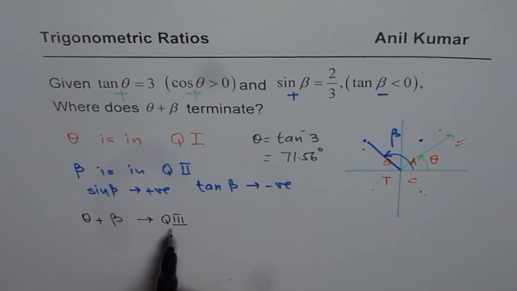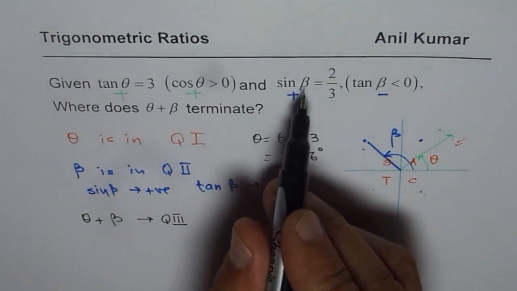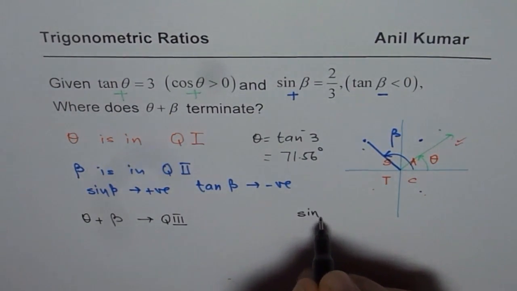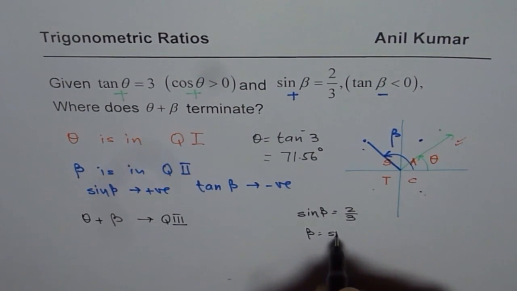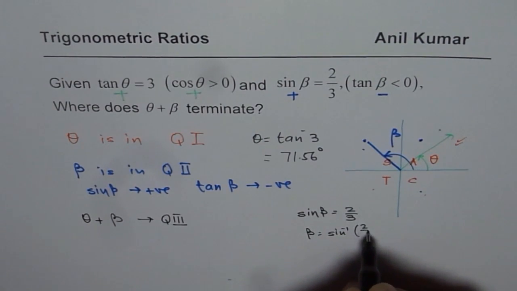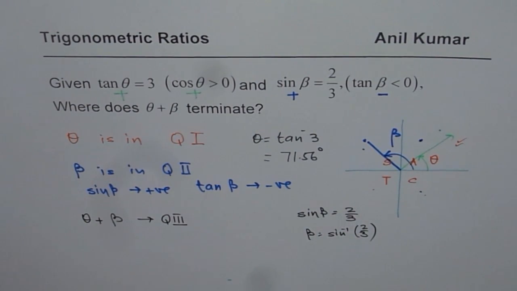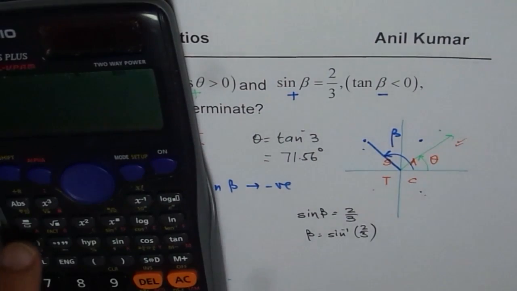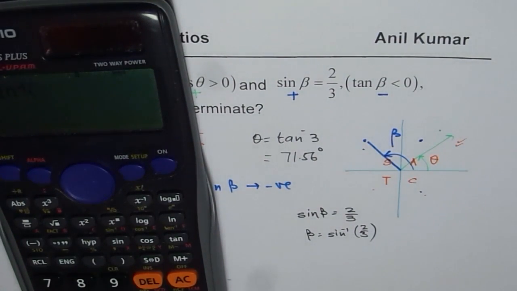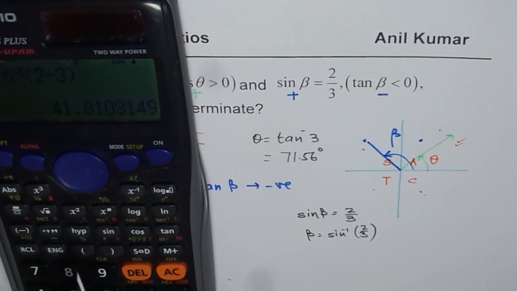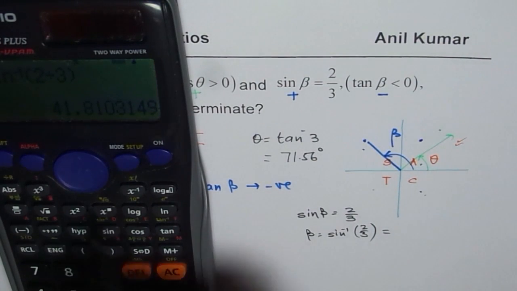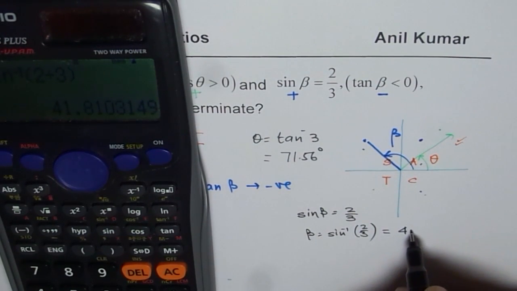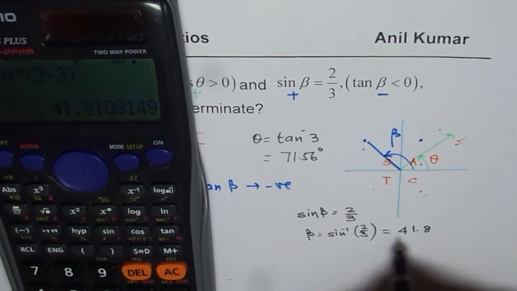If you want to precisely find the angle, you can also find that. We know sine beta equals 2 over 3, so beta equals sine inverse of 2 over 3, right? We use the calculator: sine inverse of 2 divided by 3 equals, and we get 41.8 degrees. That is the acute angle, right?